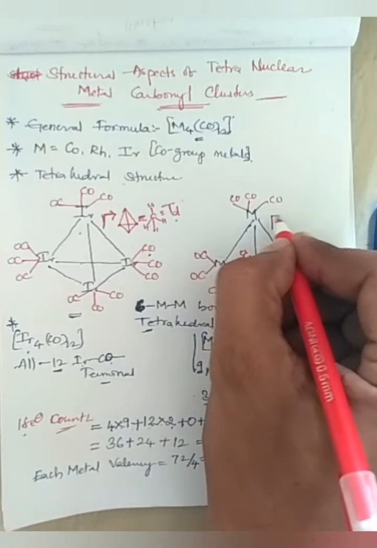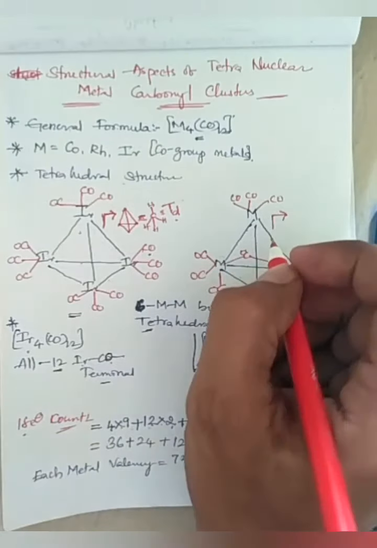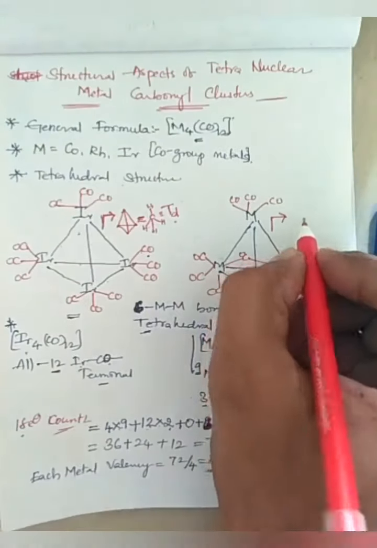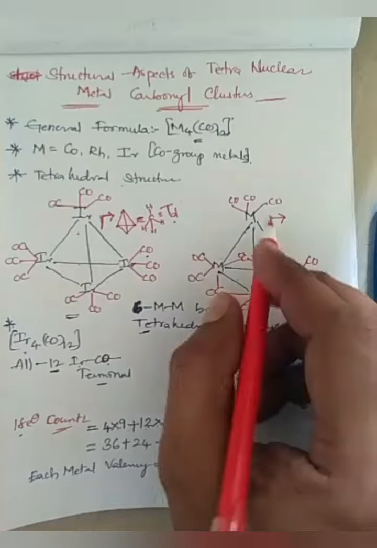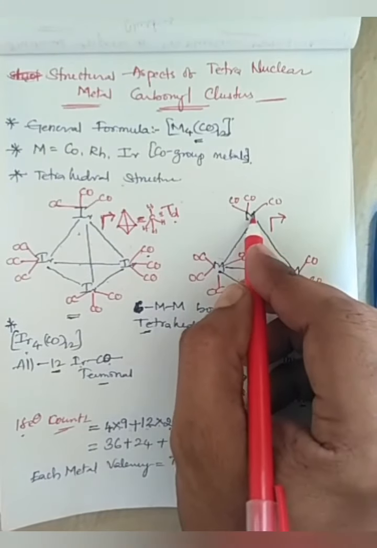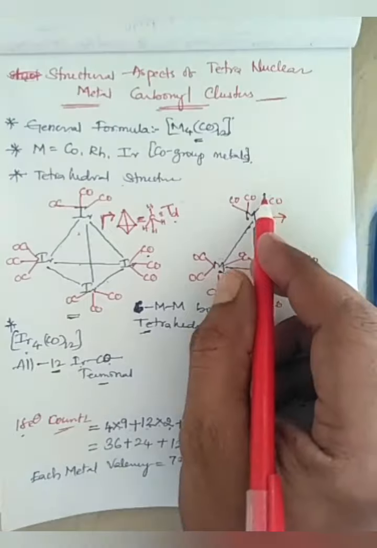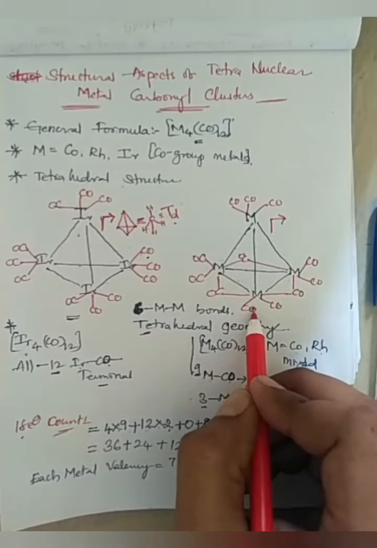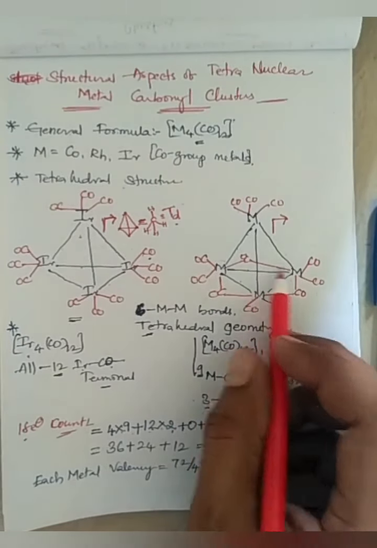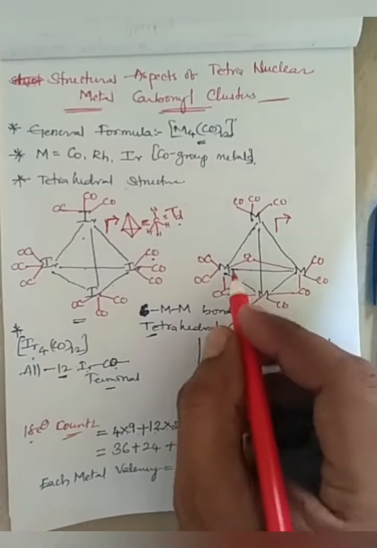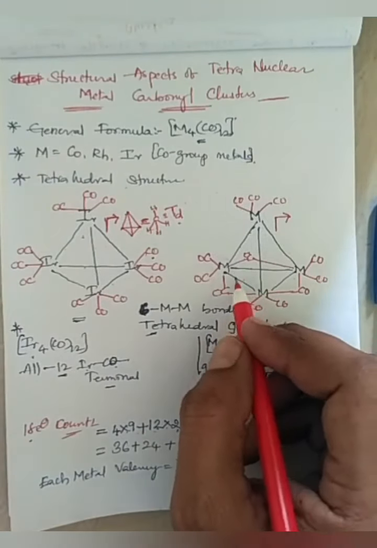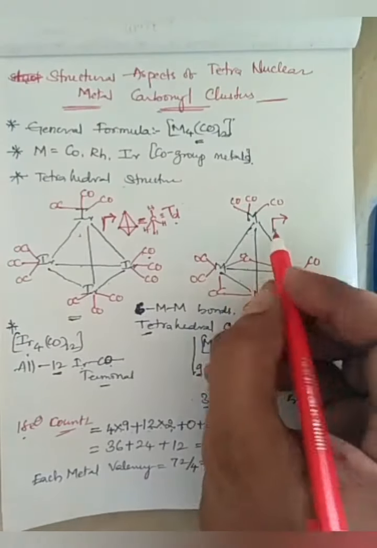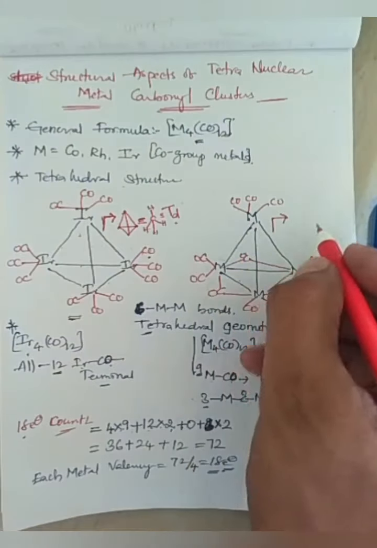When it comes to the other tetranuclear clusters, such as cobalt, rhodium, or mixed metal clusters, 3 sides are the same and one side is different, where the one side has all 3 terminal carbonyls, whereas the other 3 metals each have 2 terminal and 2 bridged carbonyls. So these 3 become one type of vertex, whereas the other one is different, right?